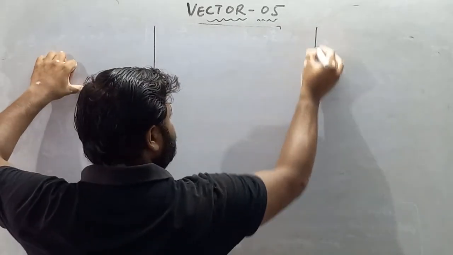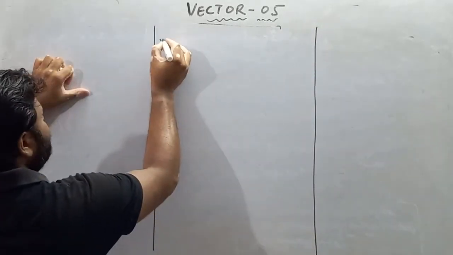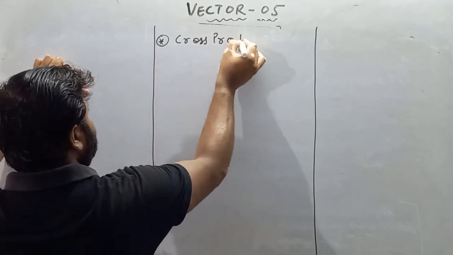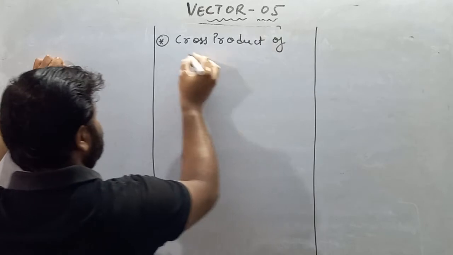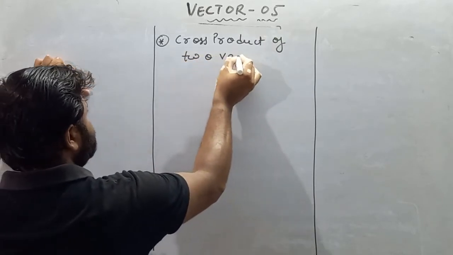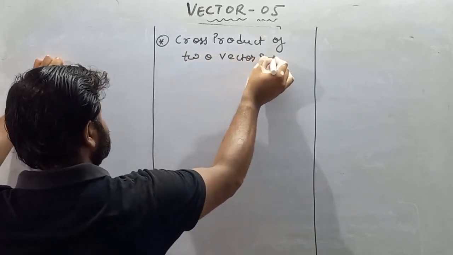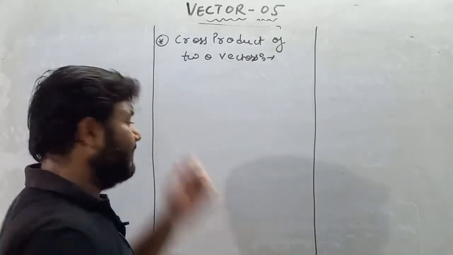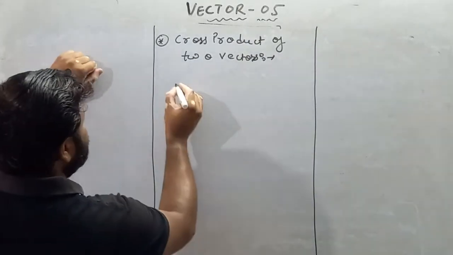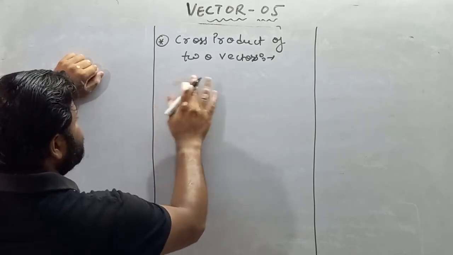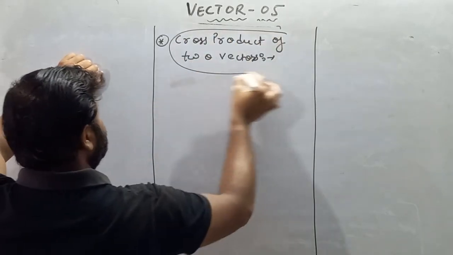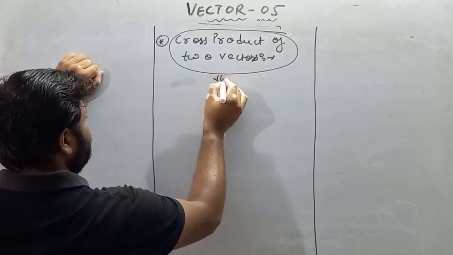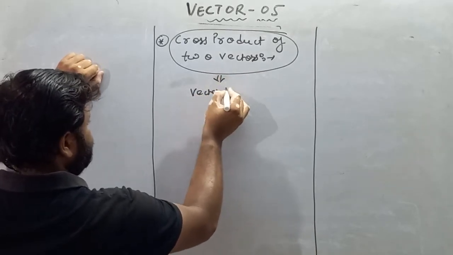Now see, my dear students, cross product is also called vector product.